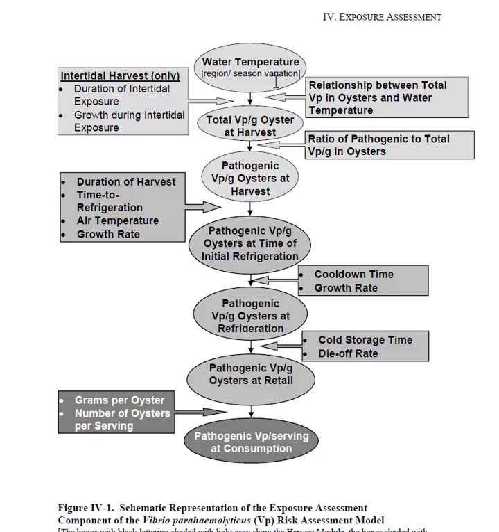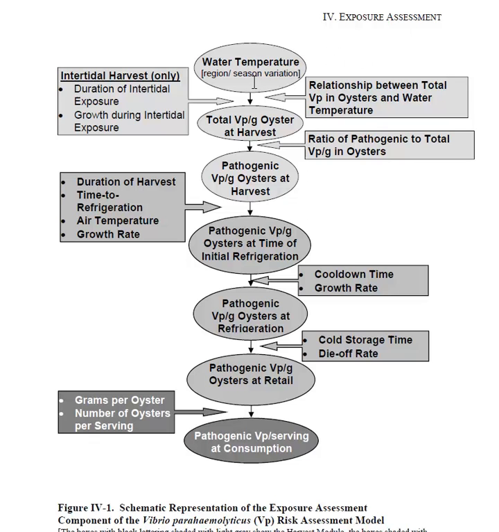We begin with the water temperature here. This model starts with water and the oysters in their natural environment. So there would be a region of the country and a season of the year, and for each region and season, there will be water temperature data. The water temperature is a primary determinant in the number of Vibrio that are found in oyster flesh.